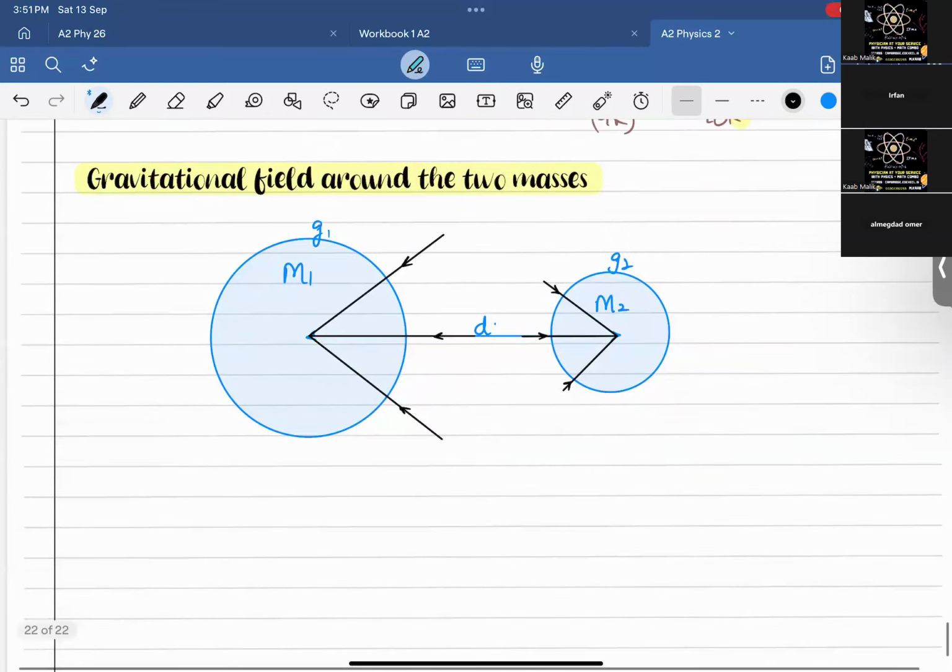So let's say if I have a mass right here, or I would have some object, let's say a rocket or something, in between. On this mass, we'll have two gravitational fields acting in the opposite direction.